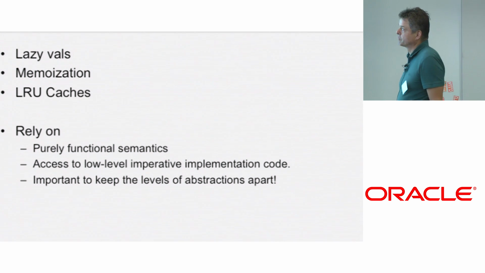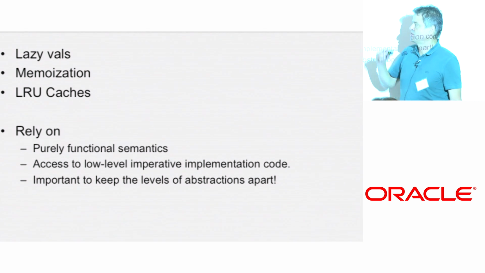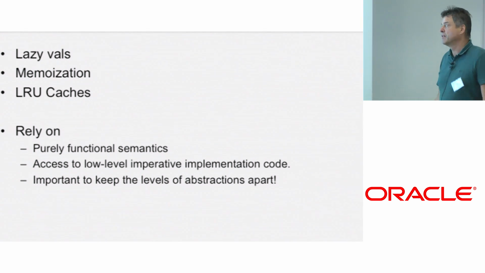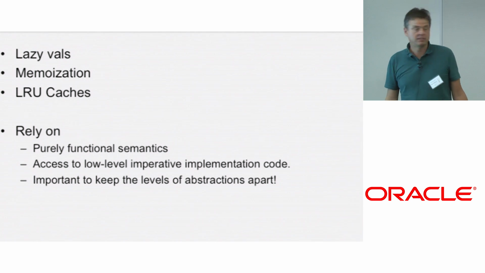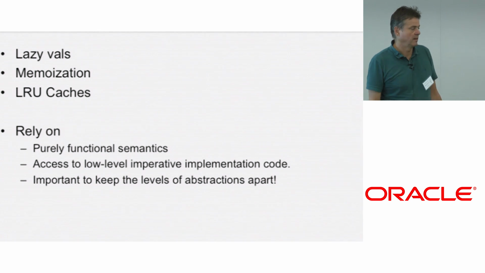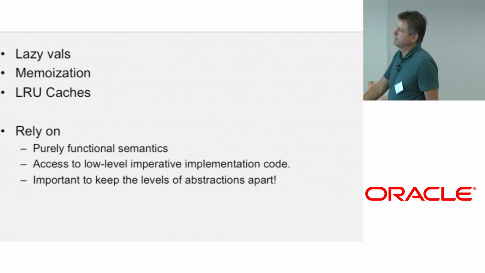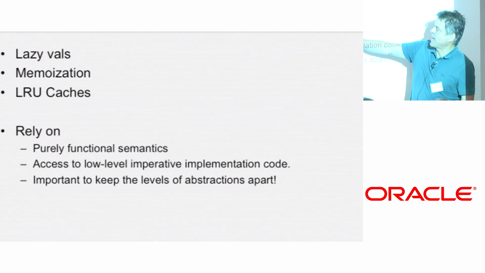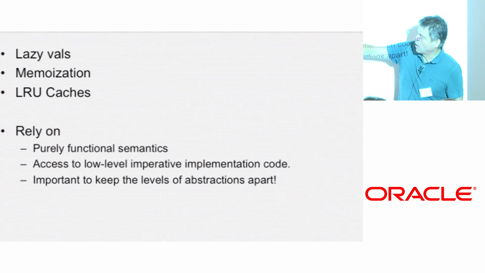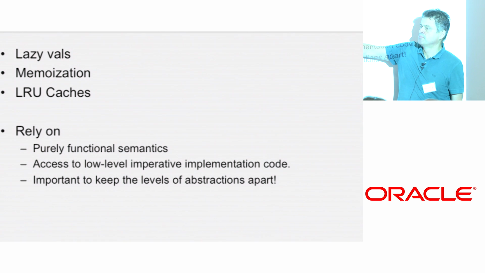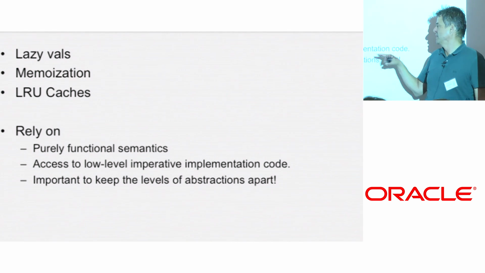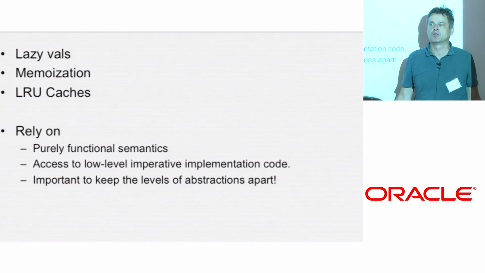So caches then are lazy vals, memoizations, LRU caches, and they rely on the purely functional semantics. But you can have this only if your architecture is predominantly purely functional, and you still need access to the low-level imperative implementations to implement your caches.